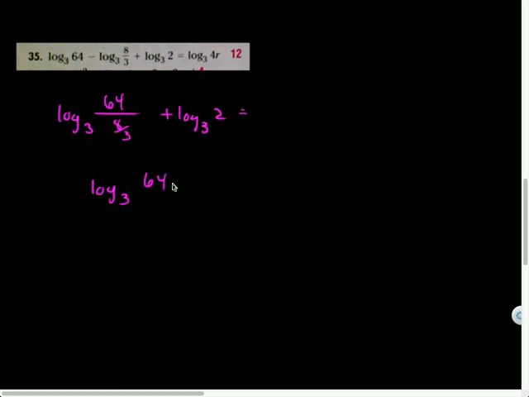Actually, I'm going to multiply by the reciprocal here, if you're cool with that. 3/8, and then multiply by 2 equals the log base 3 of 4r. And let's multiply that out. So log base 3 of 64 divided by 8 is 8. 8 times 3 is 24, times 2 is 48, right?